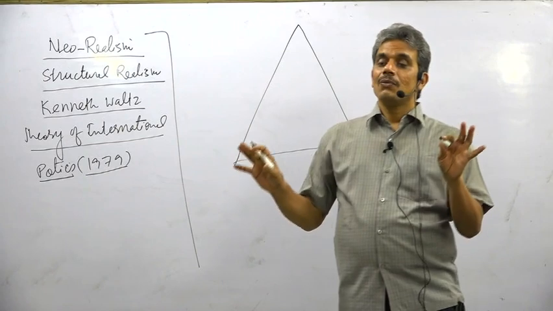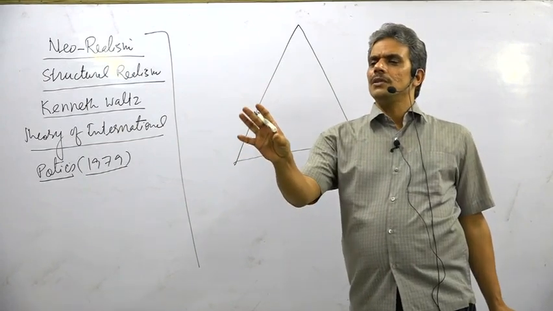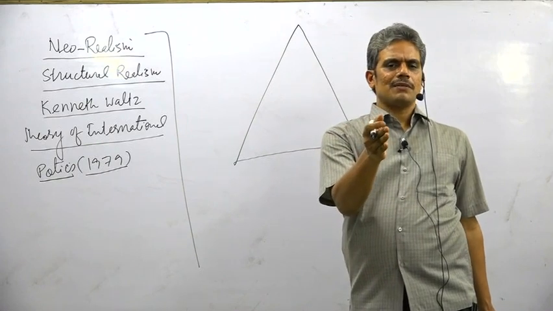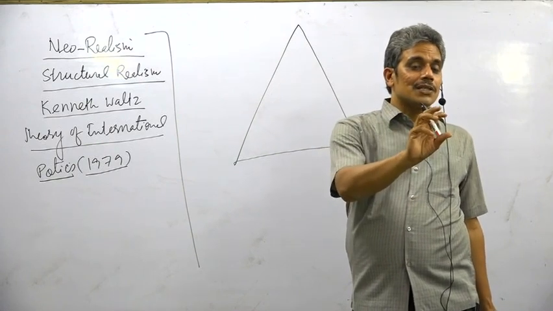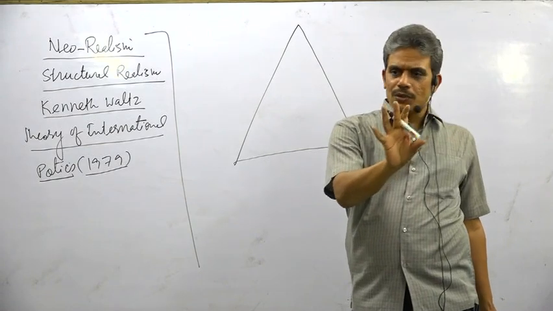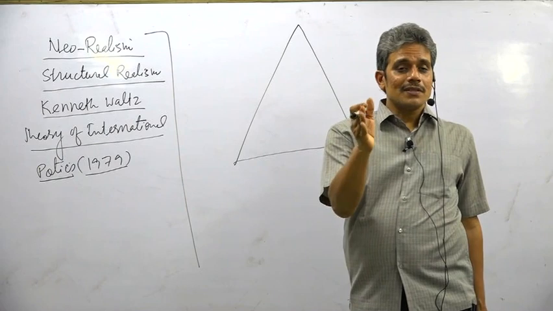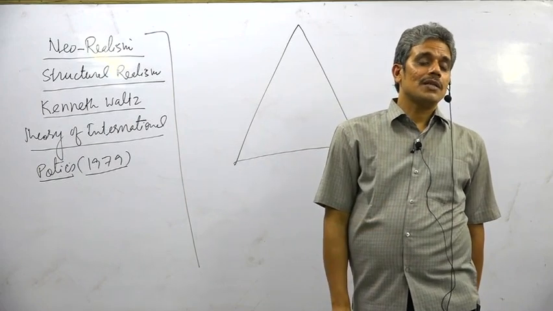Again I am saying that function may be the same, because each and every state performs law and order, each and every state takes care of the need for security, each and every state provides welfare facilities. So function is the same, it's not power and capability.